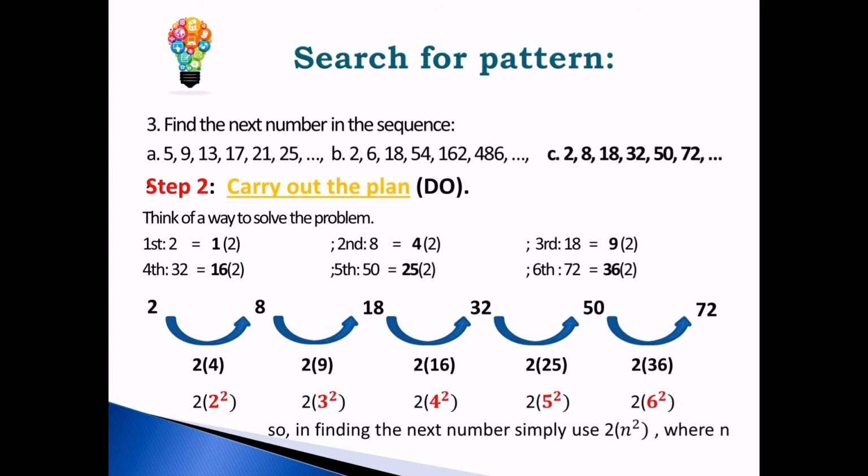So 2n square, where n is the nth term. So in order for us to easily solve the next succeeding terms, as long as it follows this sequence, then we can solve it using this formula, 2 times n square.